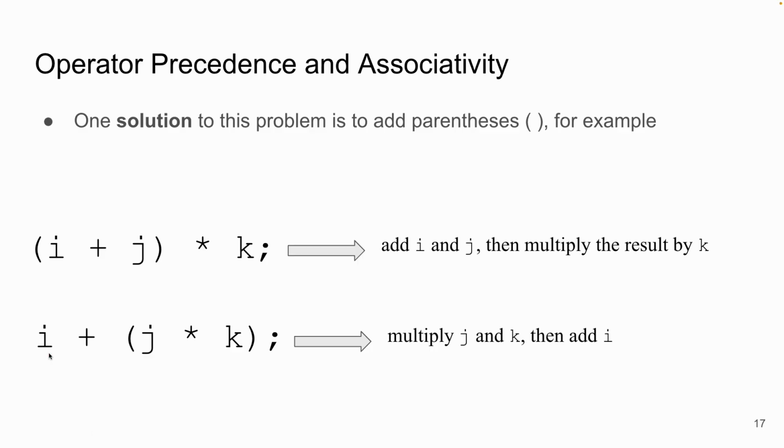So parenthesis is an important tool because it can directly tell what kind of things your computer needs to do. So that is the first solution, and we'll talk more about the importance of adding parentheses in the later slide.